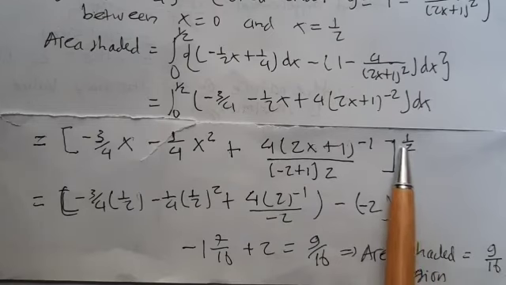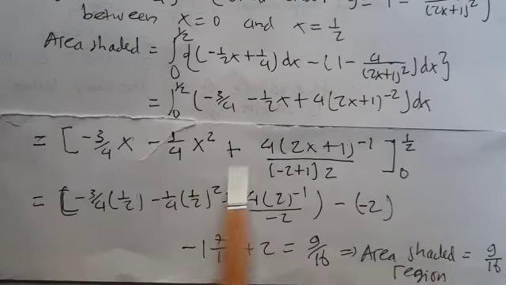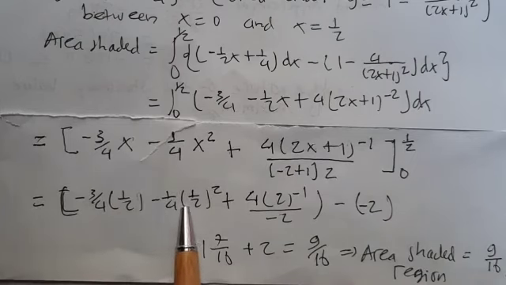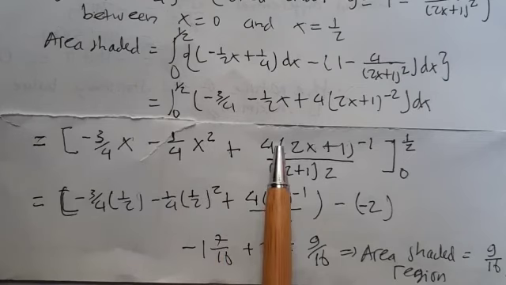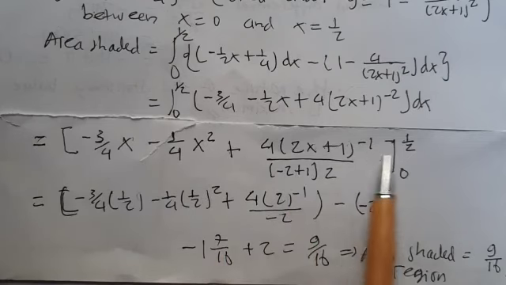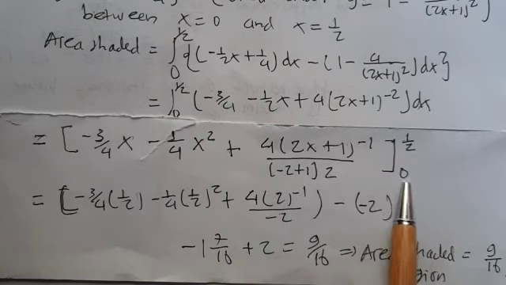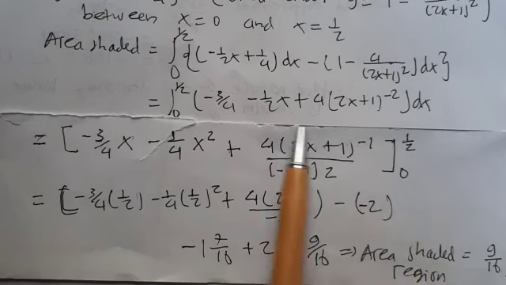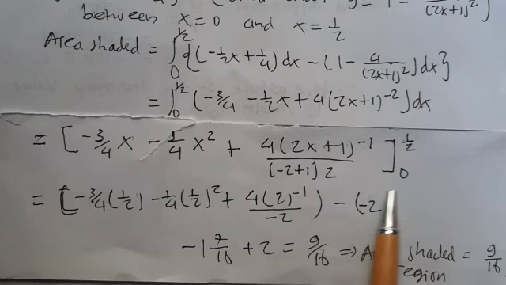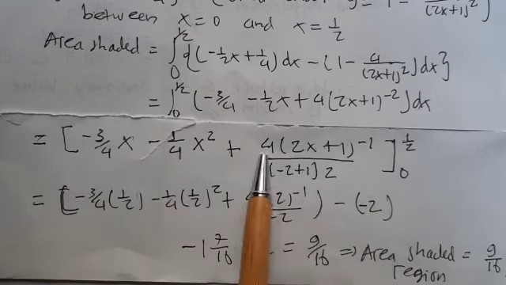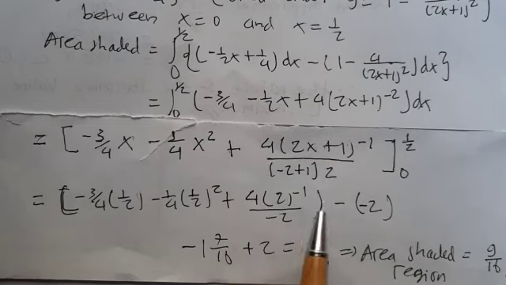Now first substitute the upper bound: minus 3 over 4 times half, minus 1 over 4 times half squared, plus 4 times (2 times half plus 1), that is 2, power minus 1, per minus 1 times 2. Then minus the substitution of x by 0: this will be 0, 0, and here 4 over minus 2, thus minus 2.